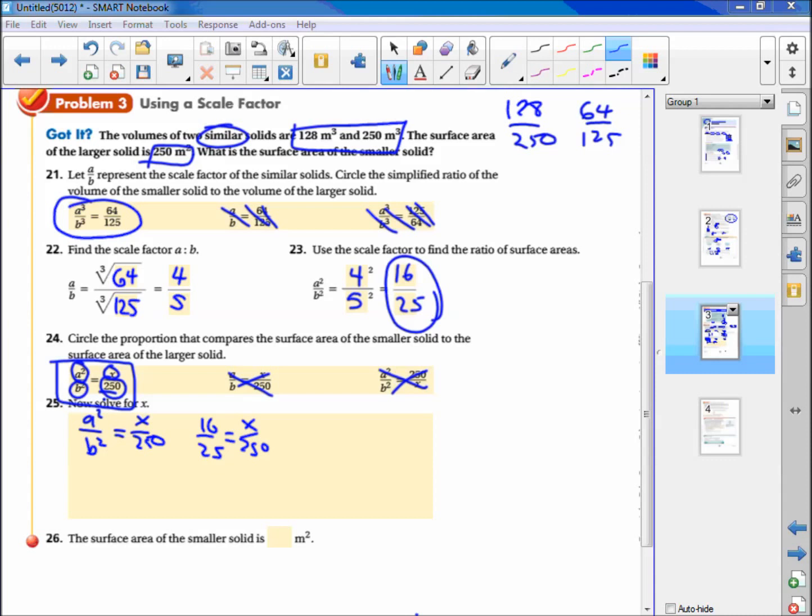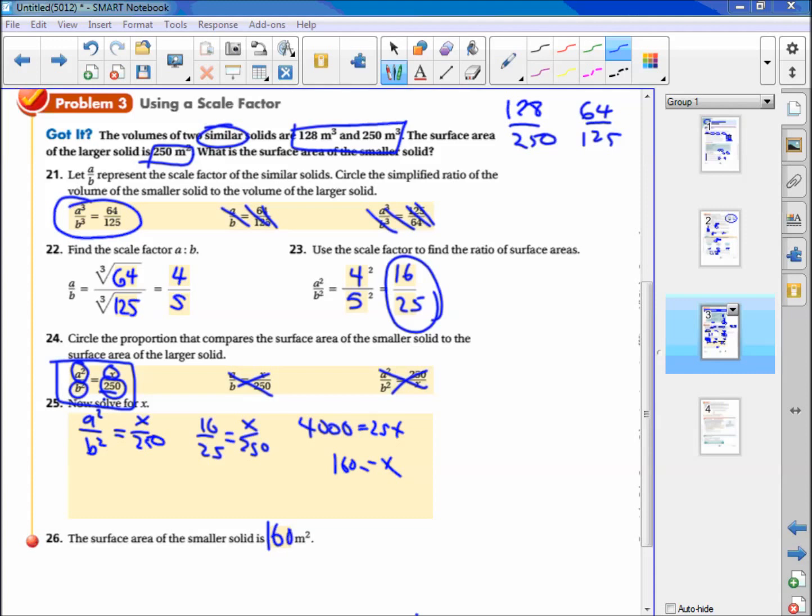If we cross multiply, we get 4,000 equals 25x, and then divide both sides by 25, and you get x is 160. So the surface area of the smaller solid is 160 meters squared.